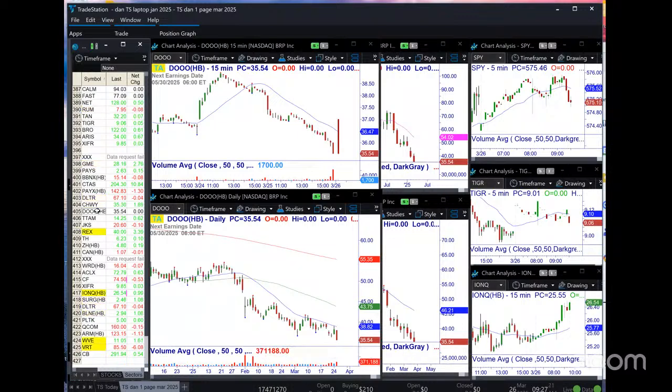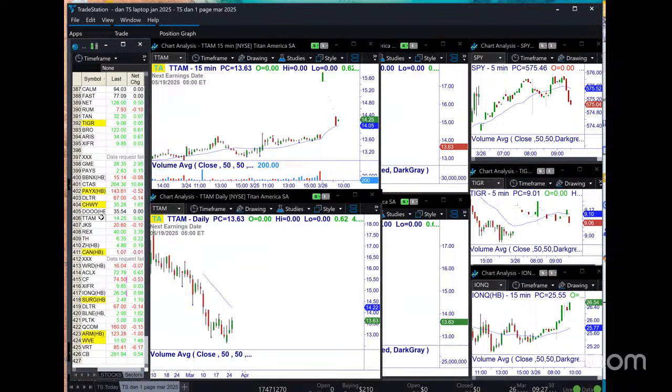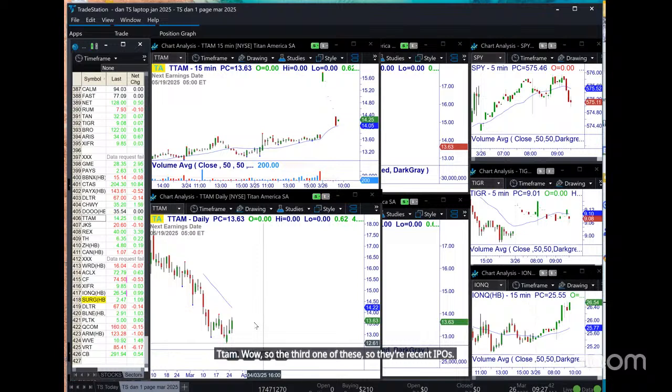Can you hear that in my tonality? So that's tier one. Let's see what it does at the open. TTAM. Wow, so the third one of these that are recent IPOs and have earnings already. But that looks like an intermediate term bottom.